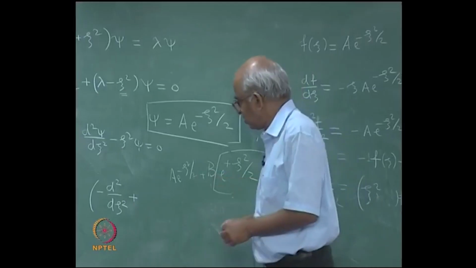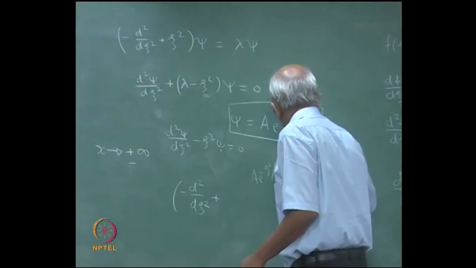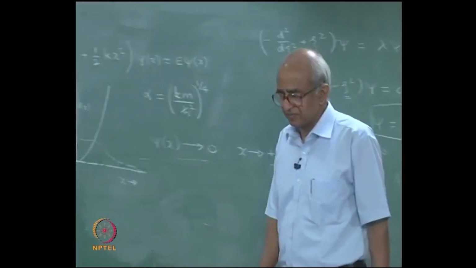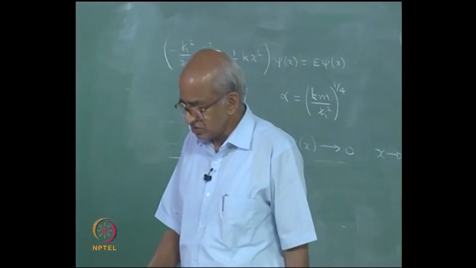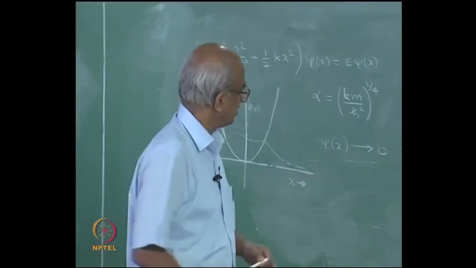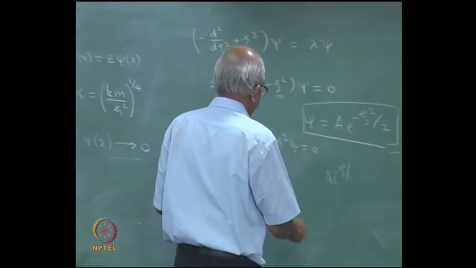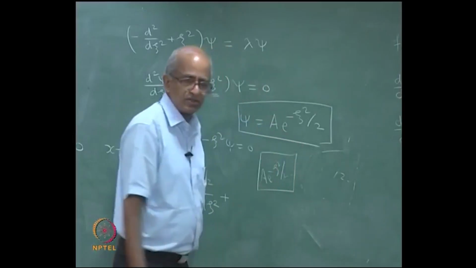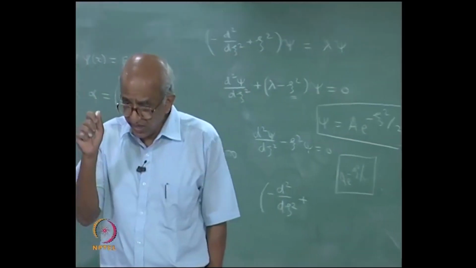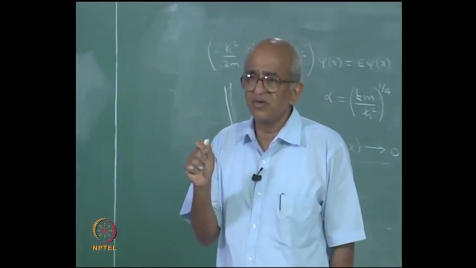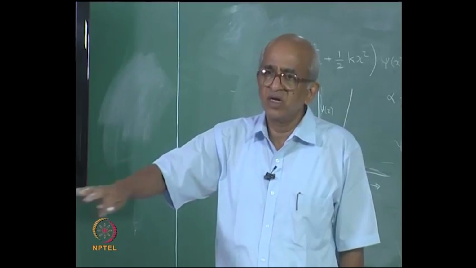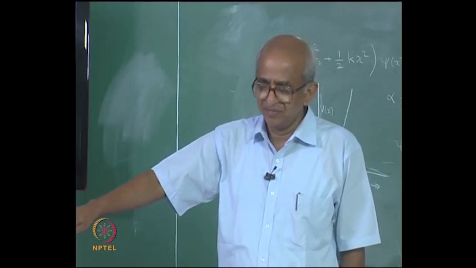So, therefore, the only possibility is that you have this as the asymptotic solution, not the other one. In order that the solution is acceptable, asymptotically the solution must resemble some constant into e to the power of minus c square. But this is correct only for large values of c, it is not valid for small values of c.